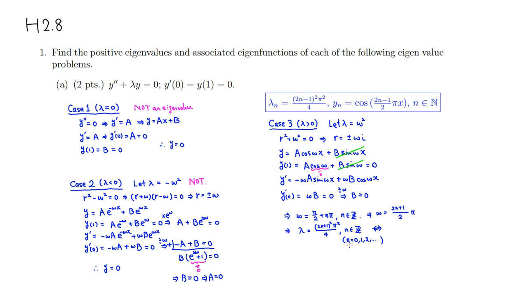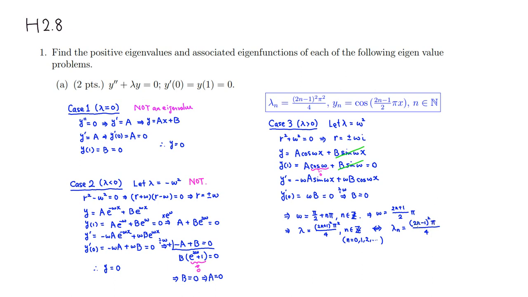I didn't like this notation. If I want to start from 1, I start from 2n minus 1. So I rewrote it as lambda sub n equals 2n minus 1 squared over 4 times pi squared.